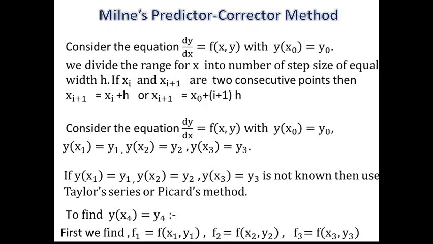These 3 values, y at x1, y at x2 and y at x3, are generally given in the problem, and if they are not given, then they are determined by single step methods. We prefer the single step methods, that is Taylor series or Picard's method.